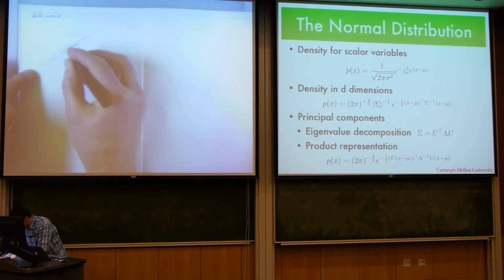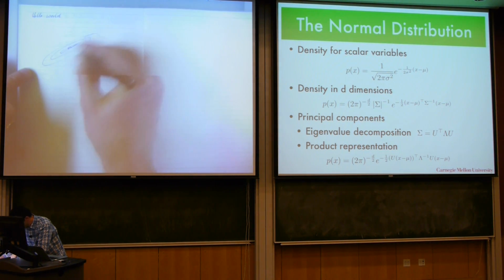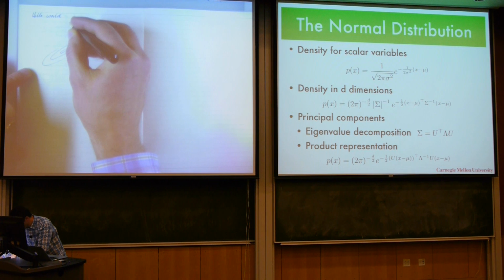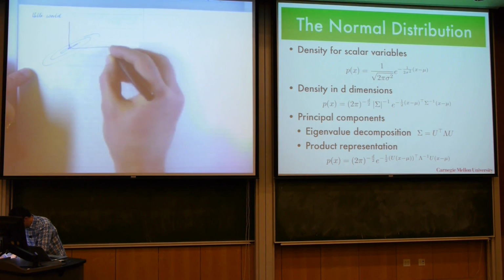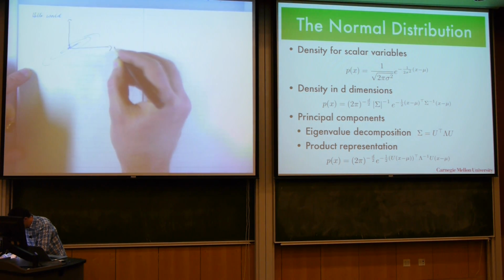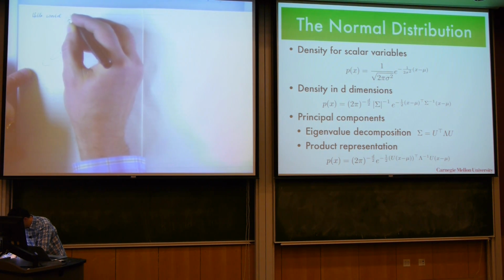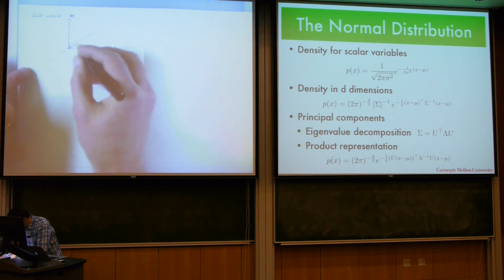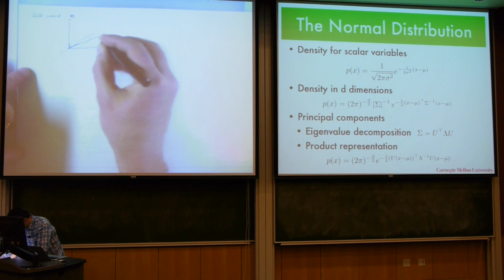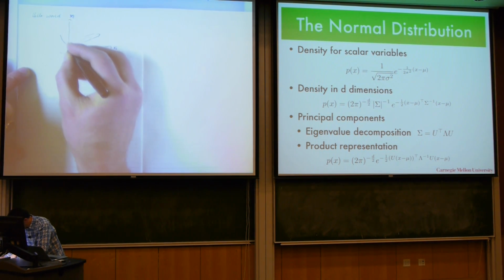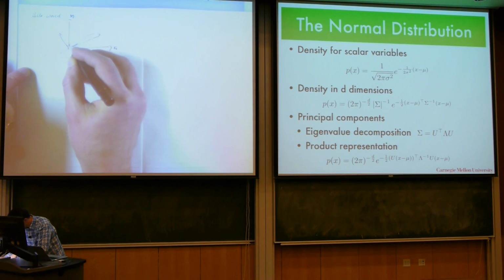Right? This is my Gaussian. This is my covariance matrix corresponding to it. So if these are, say, x1 and x2, then the new directions of the covariance would be this one here and that one there.